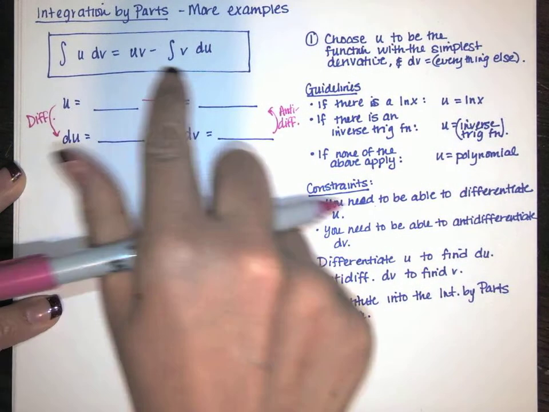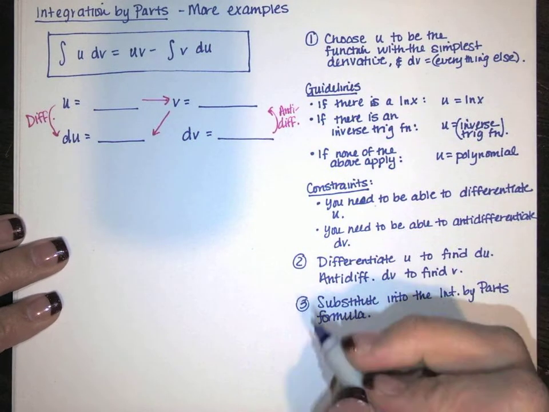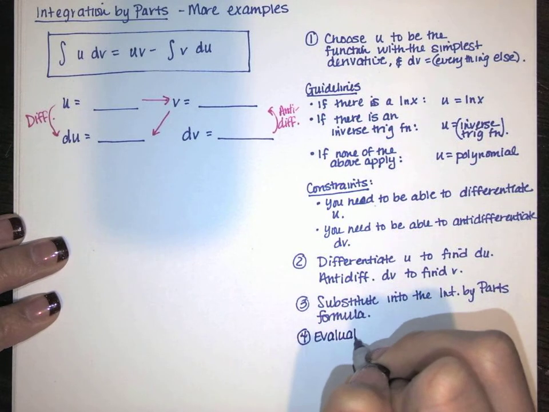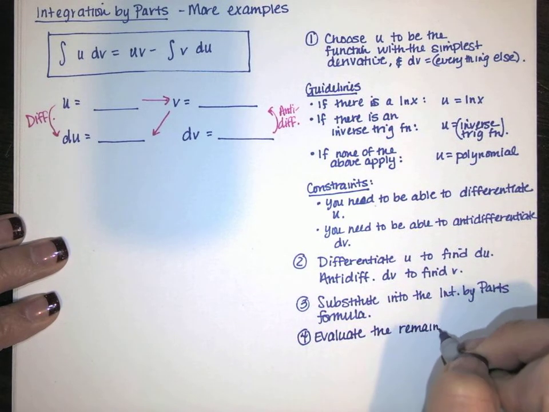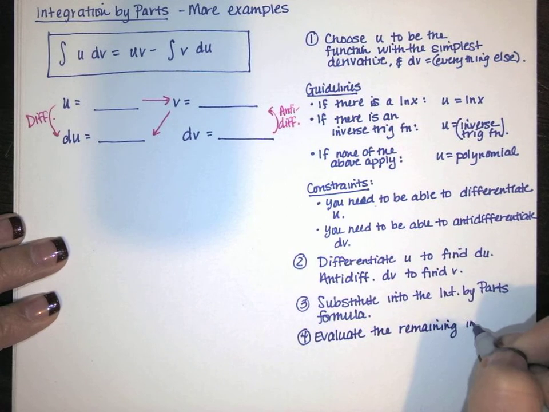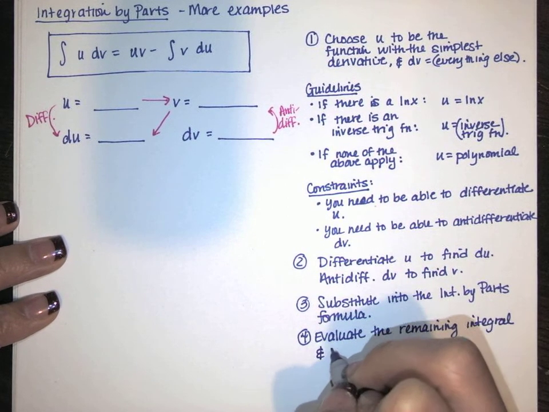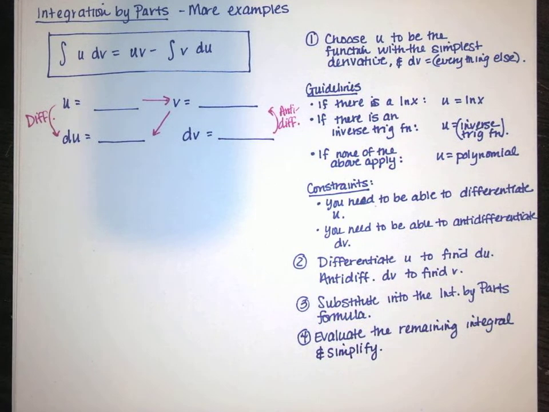You're going to write that down right here. And then you'll evaluate the final integral and simplify. It's actually pretty easy. It's not too bad once you get the hang of it.